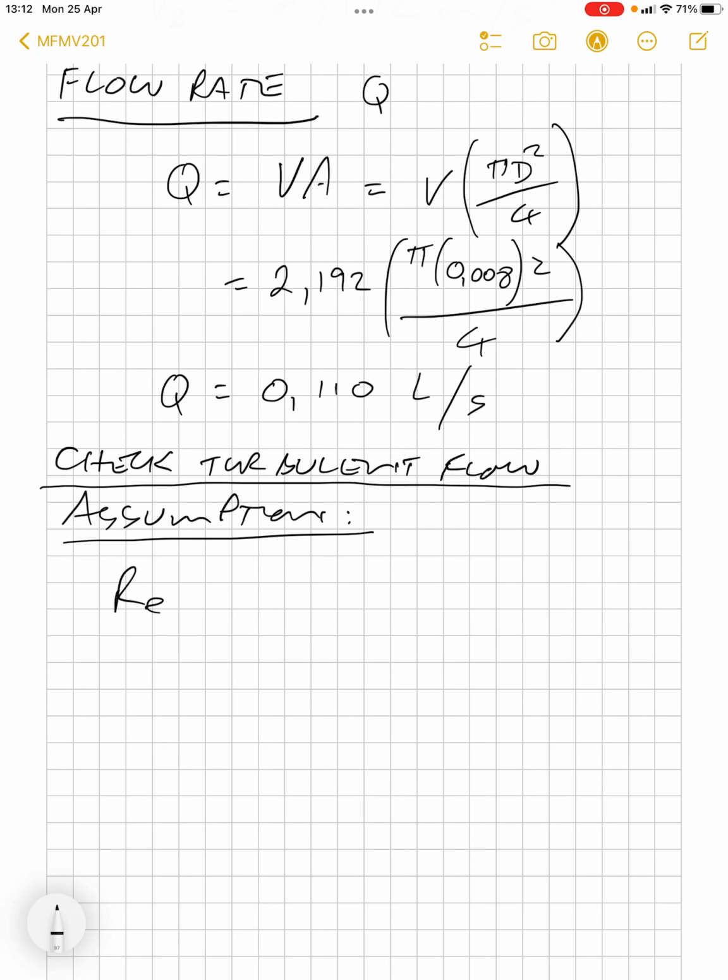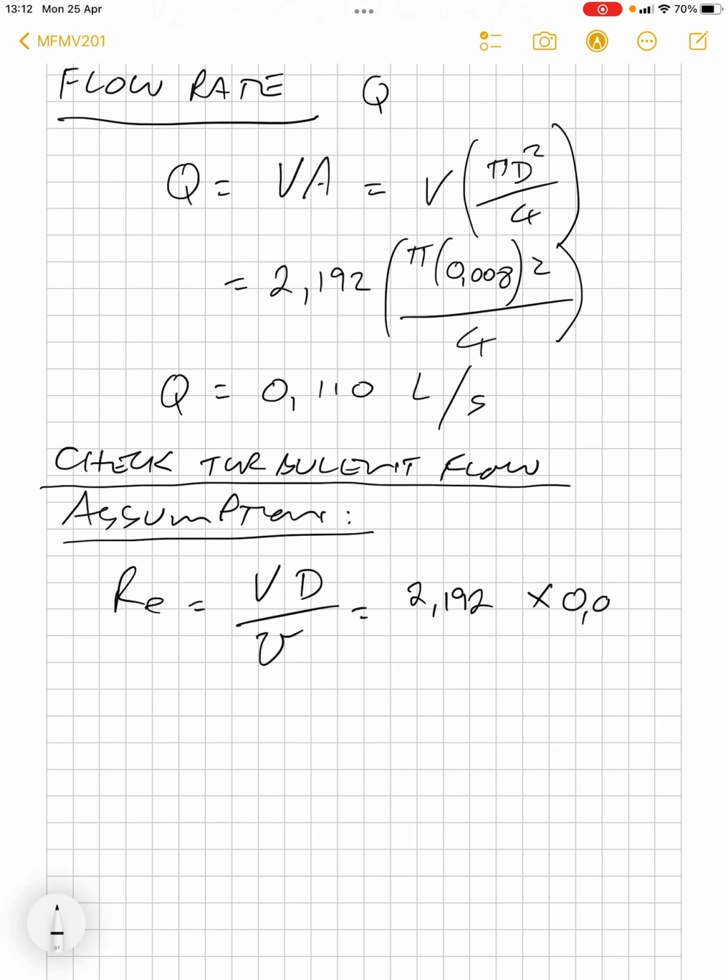To check whether it is turbulent flow, we can calculate the Reynolds number using V d over nu, and the velocity is 2.192 meters per second.